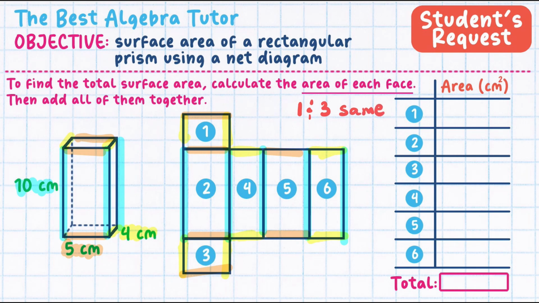I can see that my shapes 2 and 5 are the same. 2 and 5, same. And then finally, my 4 and my 6 are the same.